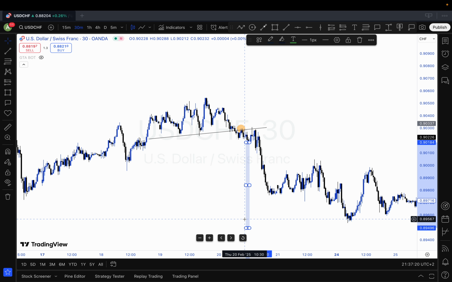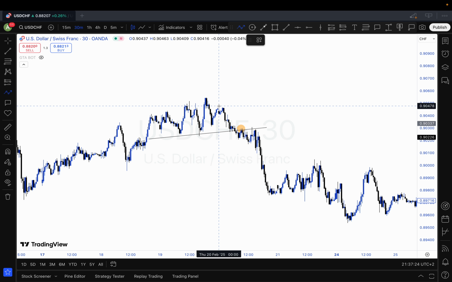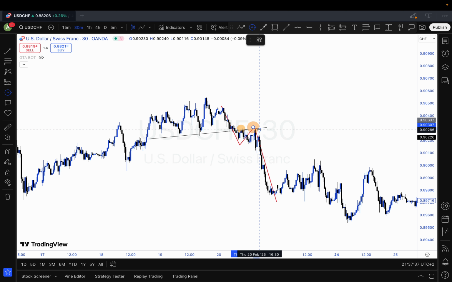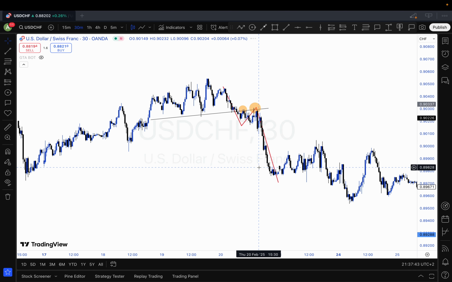Previously, it just dropped all the way down. But here we have a scenario where we have a break below and then a retest before we actually have the sell. We can see where we actually did the retest. Okay, so this is a very nice thing to see in the market.